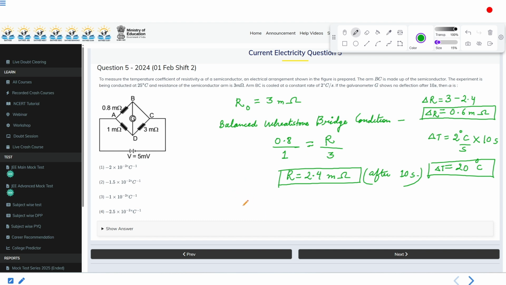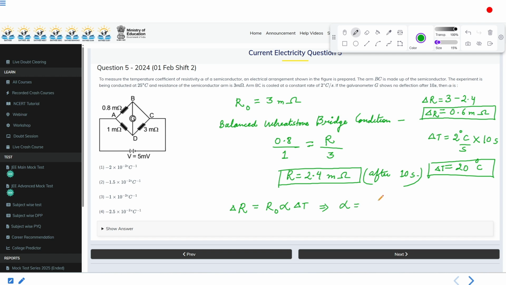So what is alpha? We know that the change in resistance is proportional to R naught delta T, and is equal to R naught alpha, that is the temperature coefficient of resistance, times delta T. So we have to find this alpha.